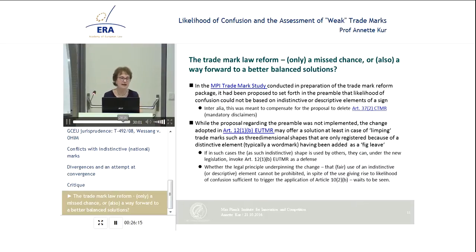We also did this because we also proposed to delete mandatory disclaimers, and in order to alleviate concerns that this would allow too many signs having indistinctive elements into the register, we thought it would be a good idea to make it very clear in the preamble that one should be cautious about finding likelihood of confusion. This was unfortunately not adopted.